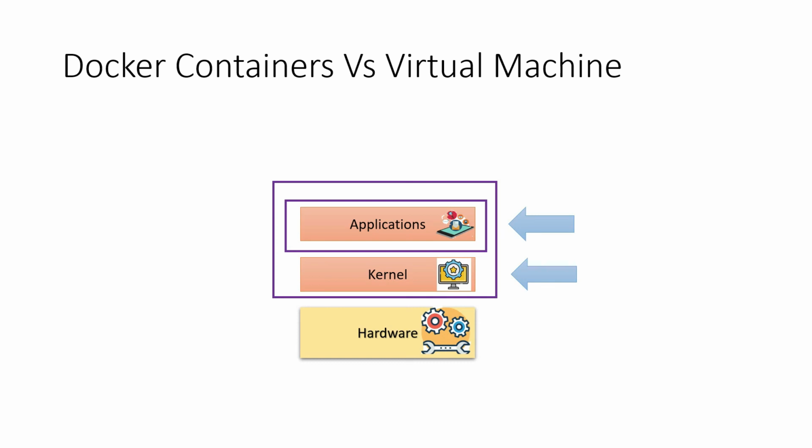But the flip side is that VMs are much heavier, since they have their own OS version, as compared to containers. So containers have the advantage of being lightweight and hence much faster than VMs. That is a very important distinction to make for containers versus virtual machines.